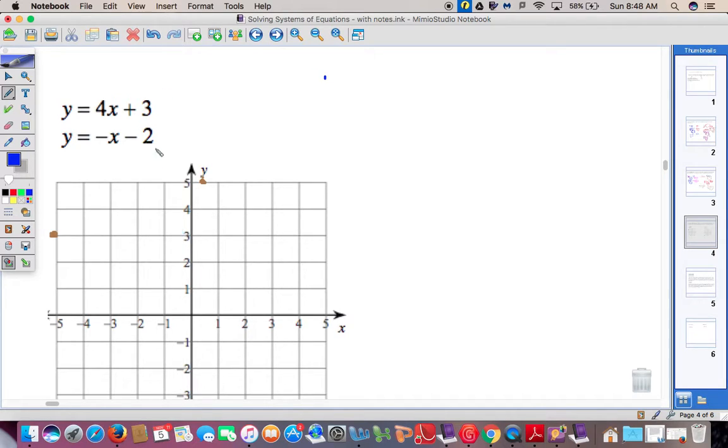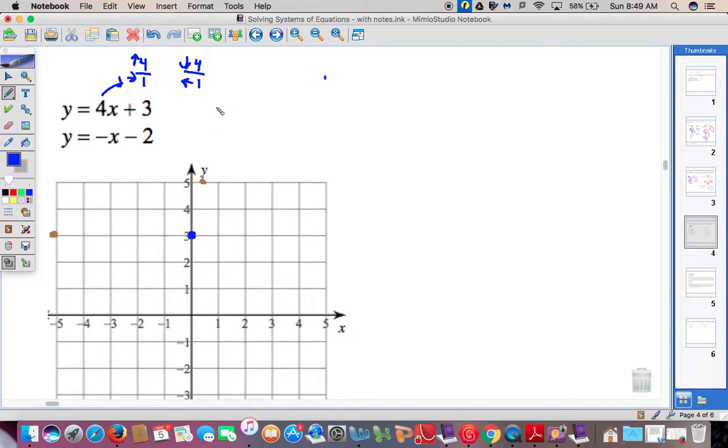So my y-intercept is going to be at positive 3. And then my slope is 4. So remember, this 4 means a rise over run, so 4 over 1. And so I would go up 4 and to the right 1, but I don't have room to do that. So I can go down 4 and to the left 1.